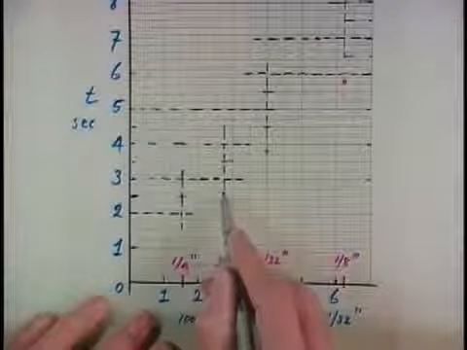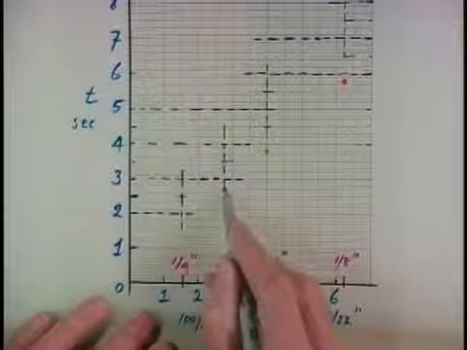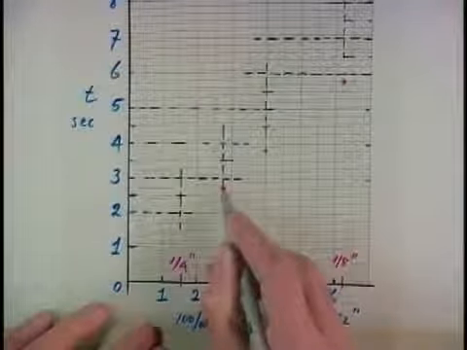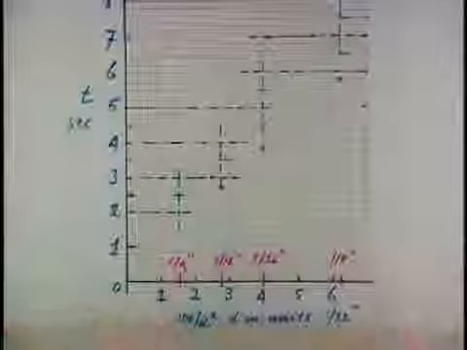Okay, we'll put in a third point. 2.69. This is 2.7, 2.69. I can hardly put in the error of the timing because it is not much larger than the size of my dot. And now we have the last one.